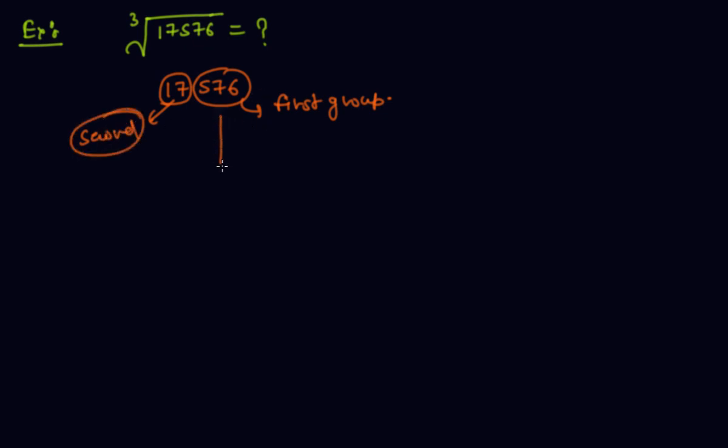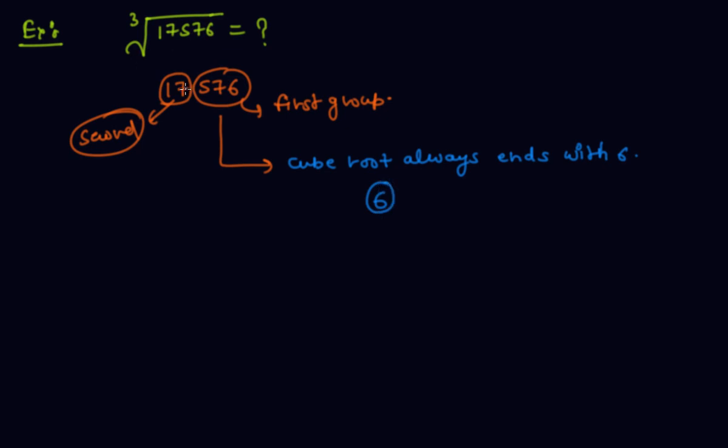If I take the first group, any number that ends with 6 always has a cube root that ends with 6. The unit place of the required cube root is 6.